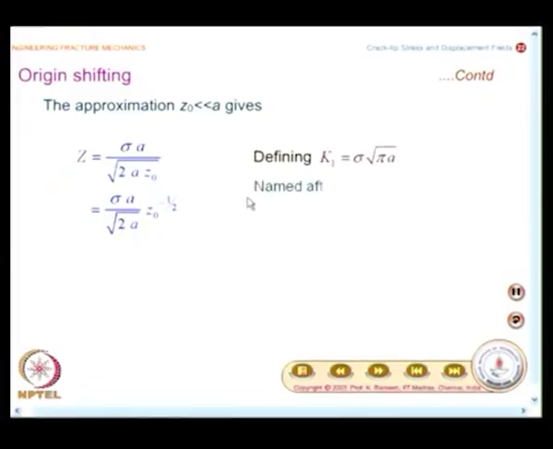So, at this stage, whatever the solution we are going to get with this stress function would be valid only very close to the crack tip. So, it is not a closed form solution in the sense which you come across in theory of elasticity. It is only a near field solution. And now you will have to look at further simplifications.